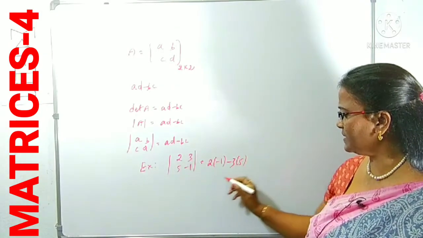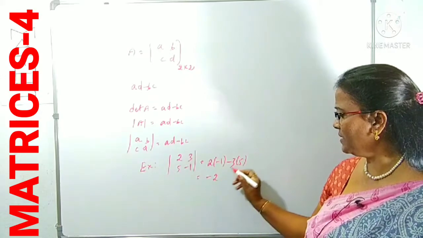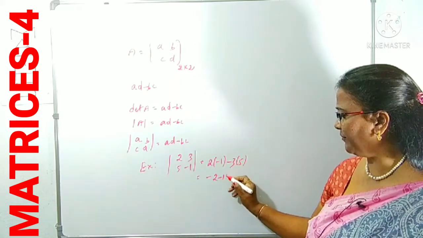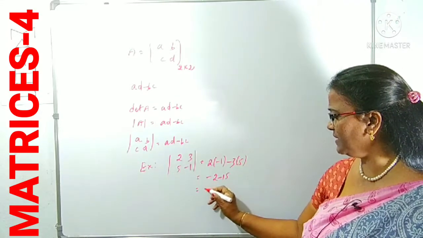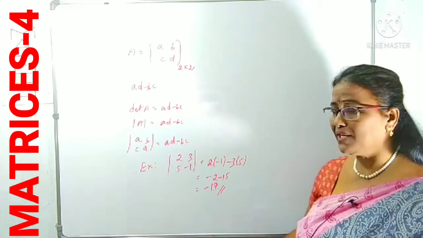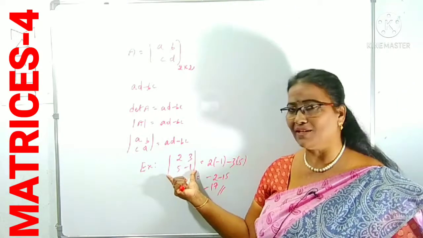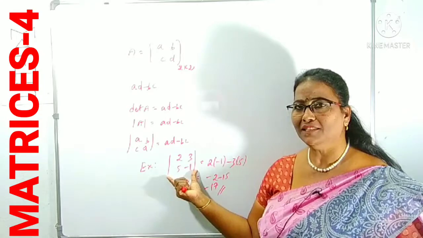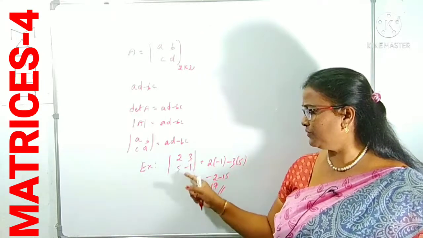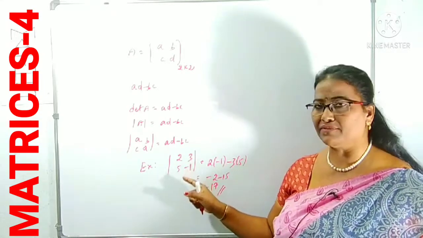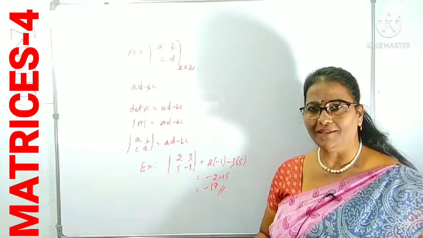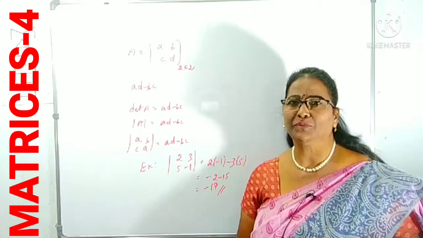Right? What is this resultant value? Minus 2, 3 into 5, 15, minus 15. Minus 2 minus 15 is clearly minus 17. This value is nothing but this value. This is indirectly determinant of 2, 3, 5, minus 1 given as a symbol. Right? Can you find out determinant of 2 by 2 matrix?